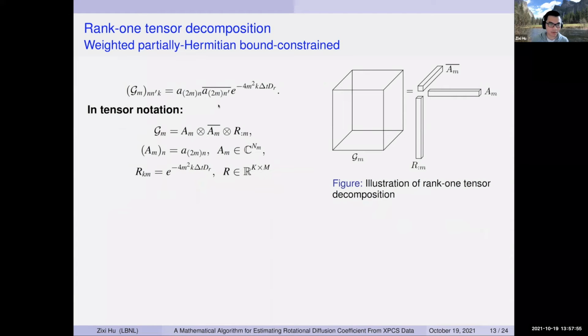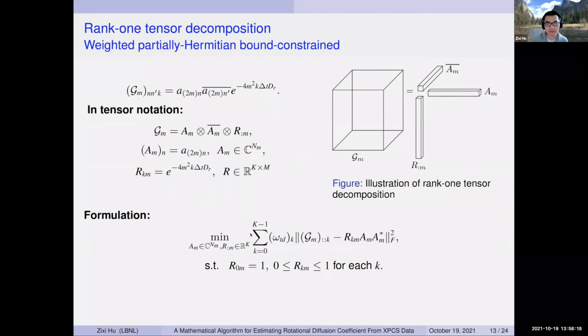Notice that the subscript is n prime and k. If we put all the a and n in a vector an and all the exponents in another vector, then tensor Gm can be expressed as the outer product of an and its transpose and the vector Rn. So we can apply the rank 1 tensor decomposition to separate all of these vectors.